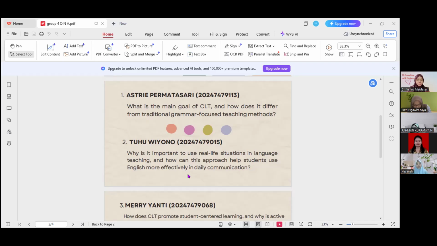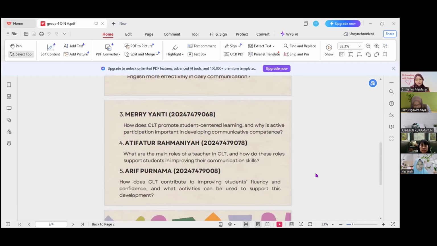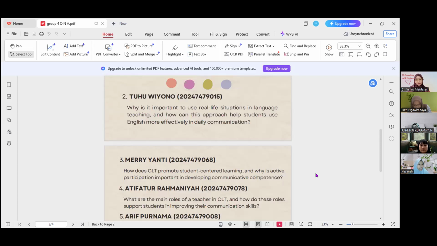Okay, the second question from Patu Huyono. He asks, why is it important to use real-life situations in language teaching? And how can this approach help students use English more effectively in daily communication? Okay, the answer.